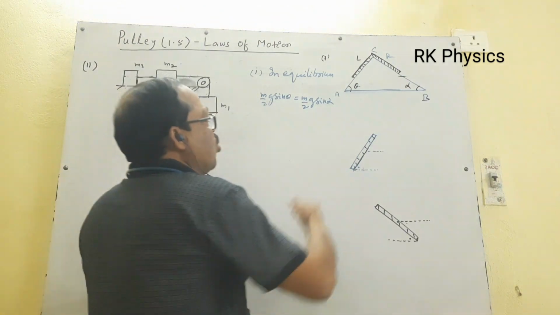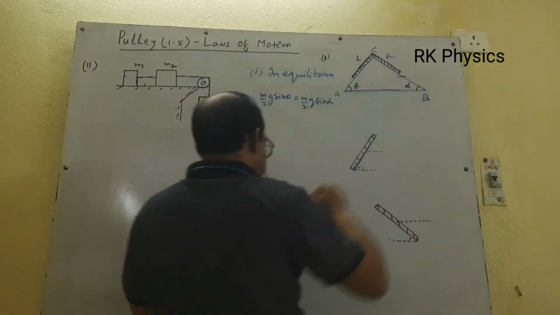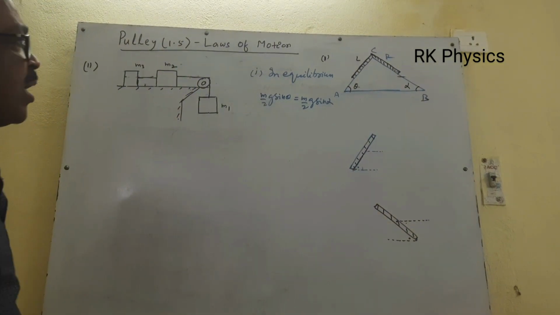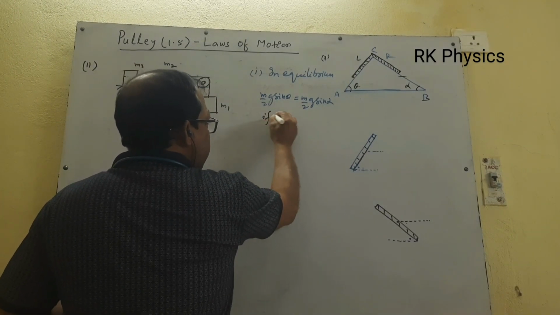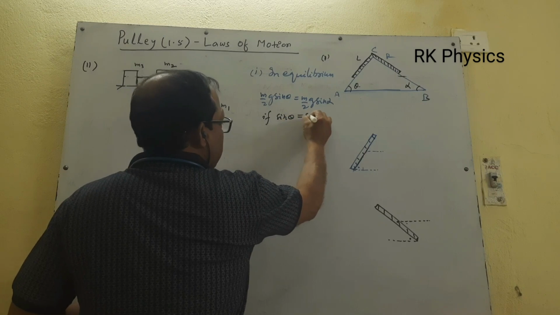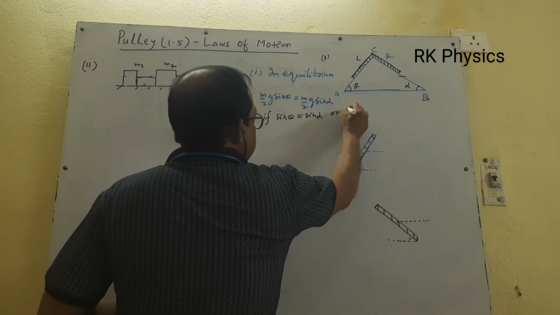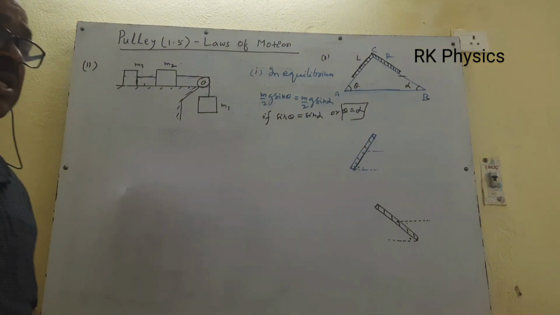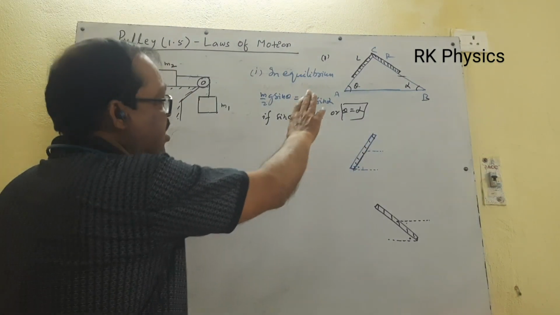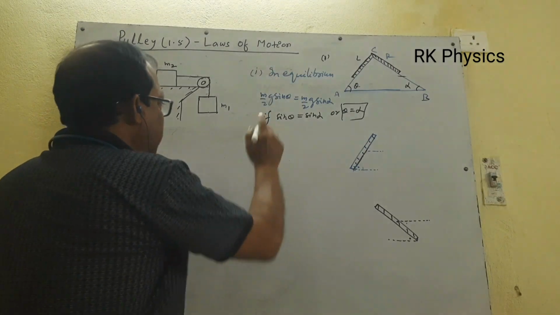That is, the total weight acting on one side equals the total weight acting on the other side, but the masses are the same. This is possible if sin theta equals sin alpha, or theta equals alpha, that is, these two angles are the same. We discussed this in the last video.